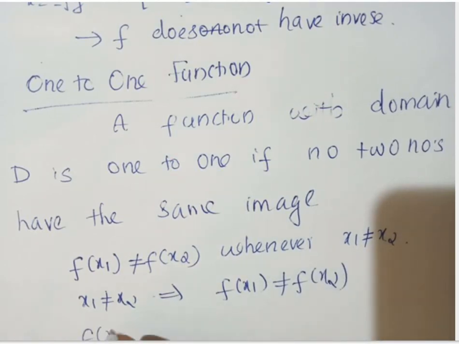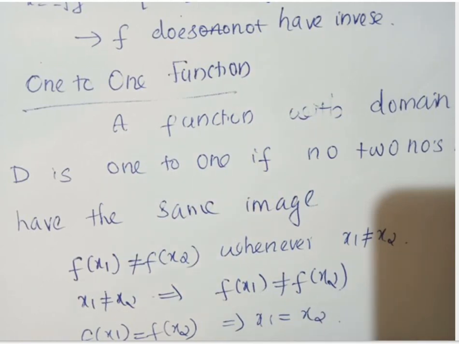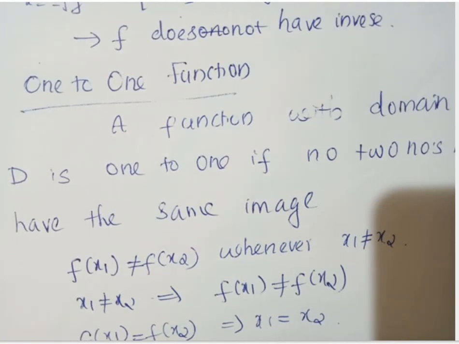Equivalently, if f of x1 equal to f of x2, which implies x1 must be equal to x2. Right? So this is the definition for one-to-one.